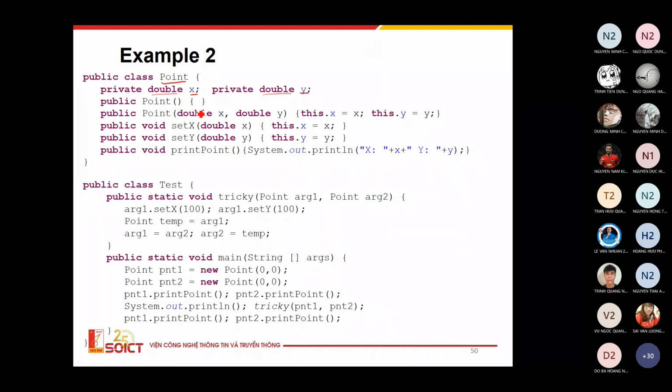Then I have a constructor with no parameters, and a constructor with two parameters x and y. And I declare the methods set and get for x and y, and assign values to x and y.